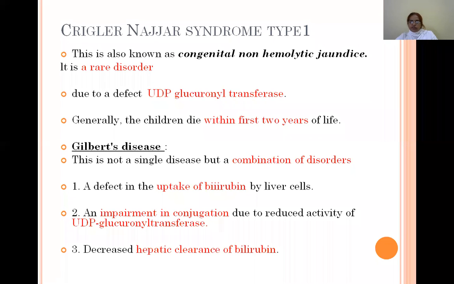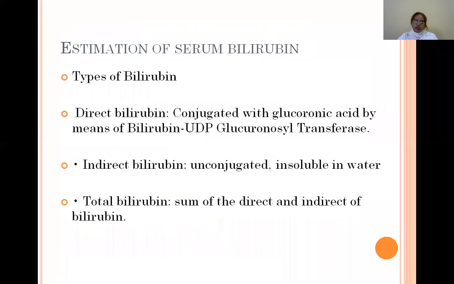But in Crigler-Najjar syndrome, UDP glucuronide transferase is defective, and children die within the first 2 years of life. In Gilbert's disease, impairment in conjugation due to the reduced activity of UDP glucuronide transferase decreases the hepatic clearance of bilirubin.